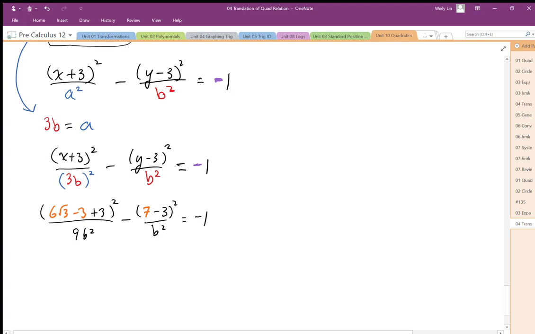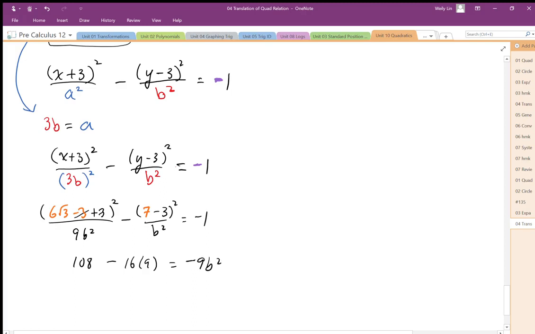So this is going to end up being 6 squared times 3, which is 18. Oh, sorry, the 3's cancel out. So 6 squared times 3 is 36 times 3 is 72. 36 times 3 is 108. 8 minus 16 times 9, and that's going to be equal to negative 9b squared.